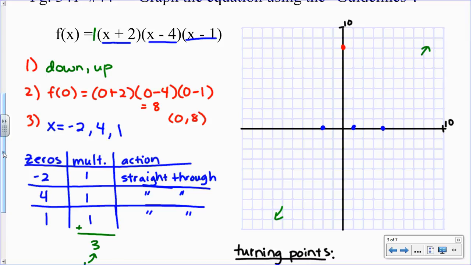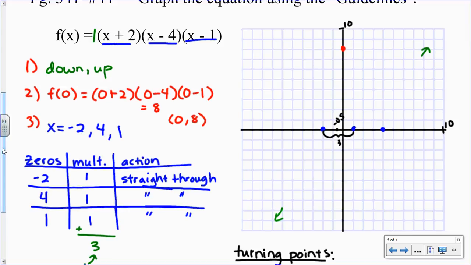So between -2 and 1, I count 1, 2, 3 units. Okay, so halfway would be right here at -1.5, or I'm sorry, -0.5. So -0.5. Okay, so I'm going to plug that in for x and find out where that would be on my graph.